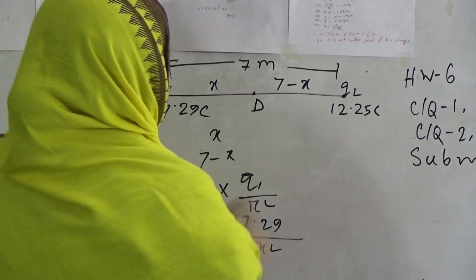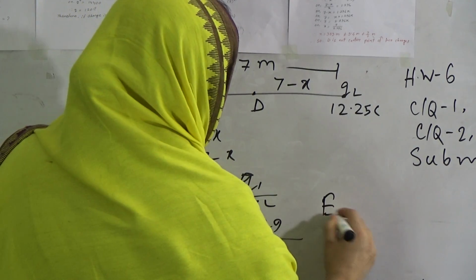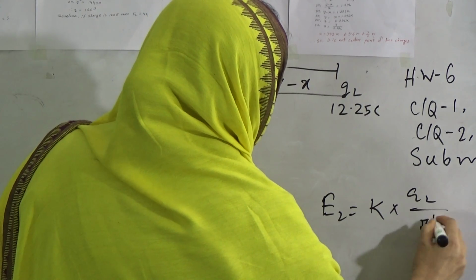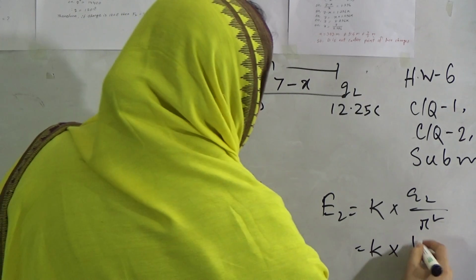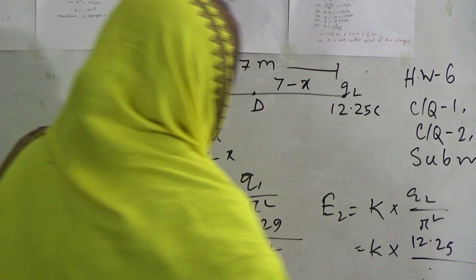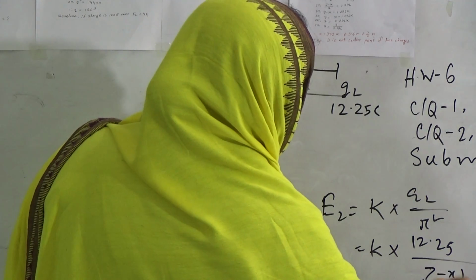And from charge Q2, the electric intensity will be E2 equals K into Q2 divided by R square. Now put the value: K into 12.25 divided by R square, where R here is 7 minus x, so 7 minus x whole square.